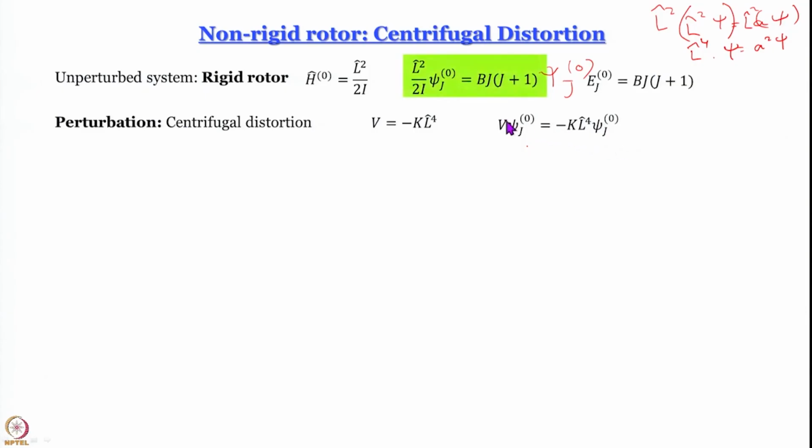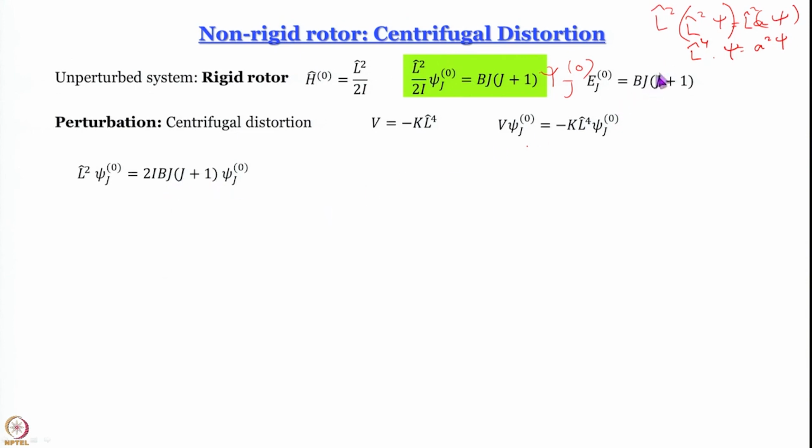Now, remembering that L square by 2I operating on psi j 0th gives me Bj into j plus 1, I can rewrite that and I can get L square operates on the uncorrected wave function to give me 2I multiplied by B multiplied by j into j plus 1 multiplied by psi j 0th.